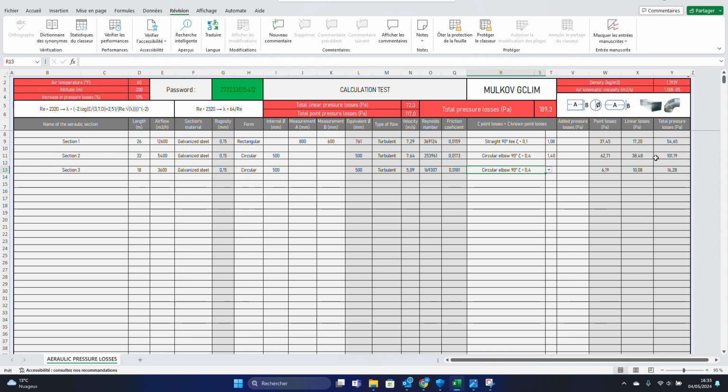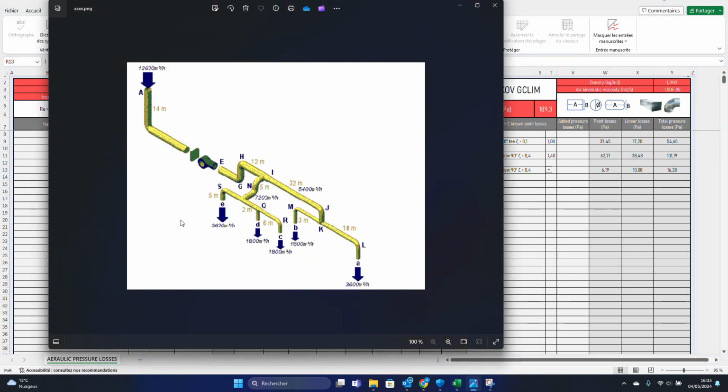We can also mark directly a value of added pressure losses. For example, if we have an equipment, in this case it could be, I don't know, maybe a sun trap there. Yes, a sun trap, for example.